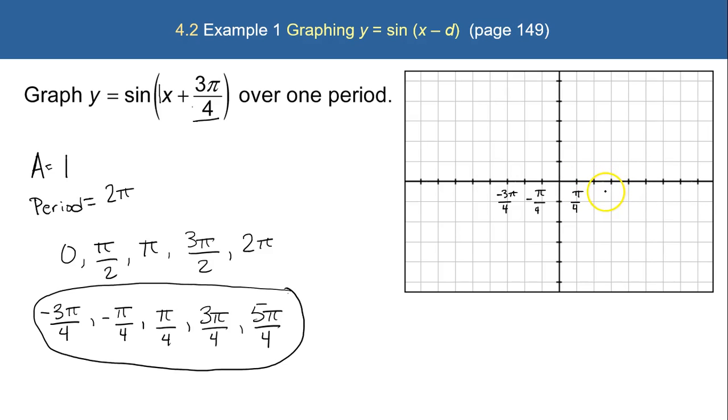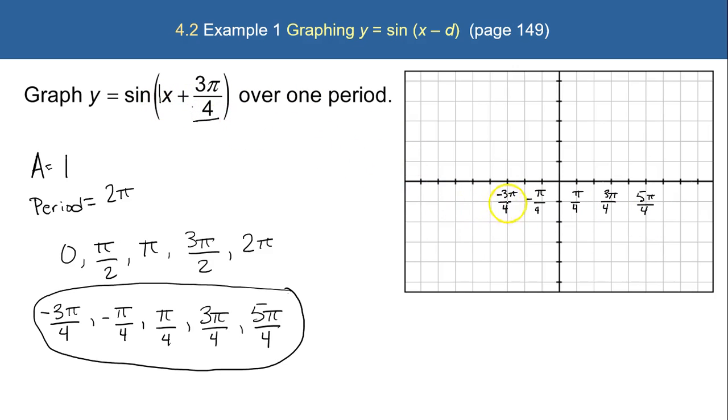And this is 3 pi over 4 and 5 pi over 4. Okay, now that we've got our x values on our x-axis labeled, the next thing is evaluate this function by placing all of these 5 values inside for x.